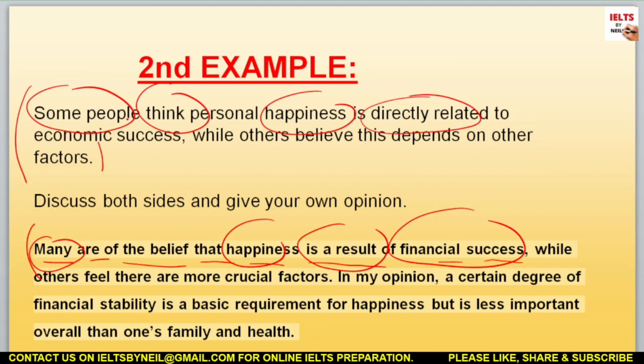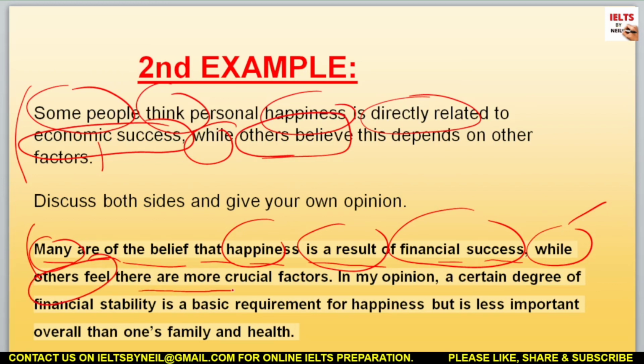Financial success, I've replaced economic success with, while I've left it like that, or I can write however. Others believe, I've left others feel. There are more crucial factors. This depends on other factors. Crucial factors, other factors. Now in my opinion, that's the second part of the question. You can ignore it. But the paraphrasing, I hope it is clear to you.